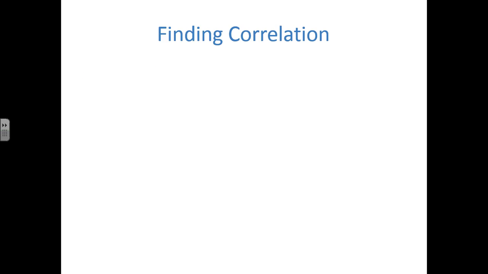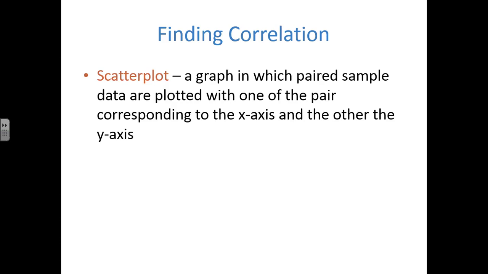To find correlation, we can use a scatter plot, and that's a graph in which the paired samples are plotted on the Cartesian coordinate plane that you're used to, the XY coordinate plane, where X is our independent variable and Y is our dependent variable.